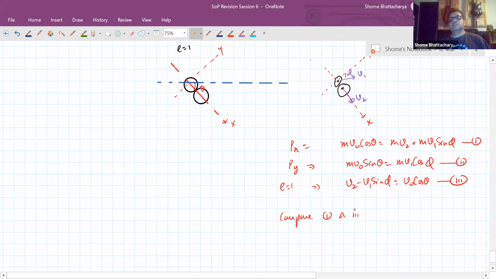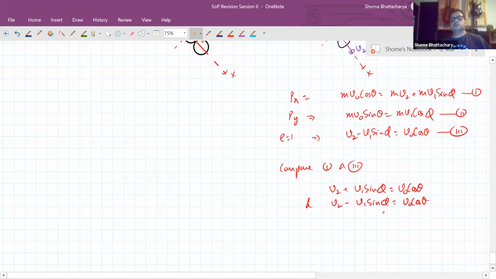Now, if we compare equations 1 and 3, we can see that along the x-axis, it is a perfectly elastic head-on collision. So the first one's component, which is v1 sin phi, should become 0, and the second one's value, v2, should become v0 cos theta. They should exchange their momentum along the x-axis. So the first equation shows that v2 plus v1 sin phi is equal to v0 cos theta. The second shows that v2 minus v1 sin phi is equal to v0 cos theta again, because the coefficient of restitution is 1.